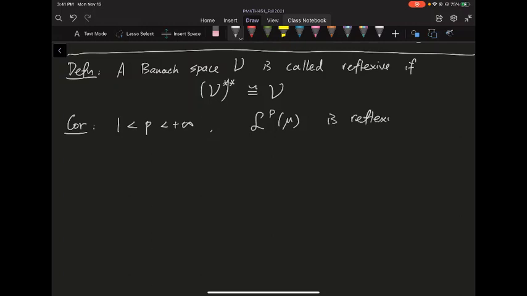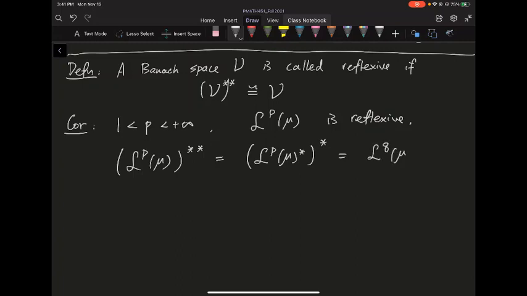The reason is that the double dual space of L^P(μ) is first of all the dual of the dual space, which is L^Q, where P and Q satisfy Hölder's conjugate relation, and the dual of L^Q is also equal to L^P. So you do it the other way around and you move back to P. They are the dual of each other.